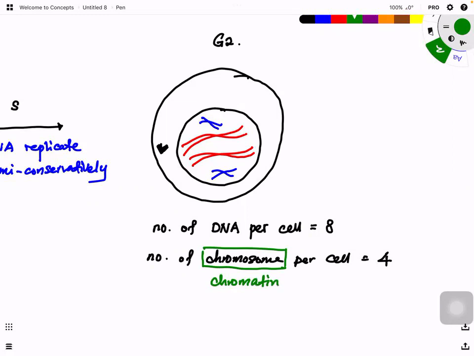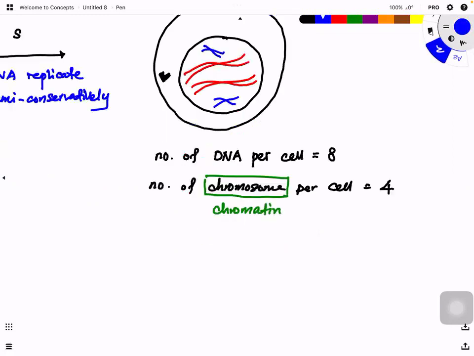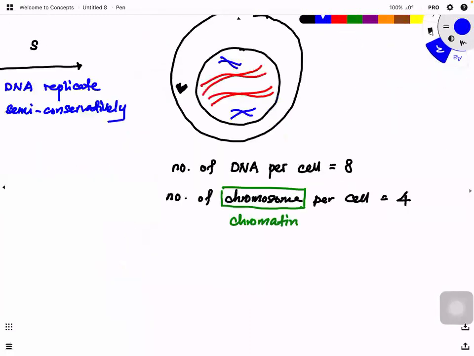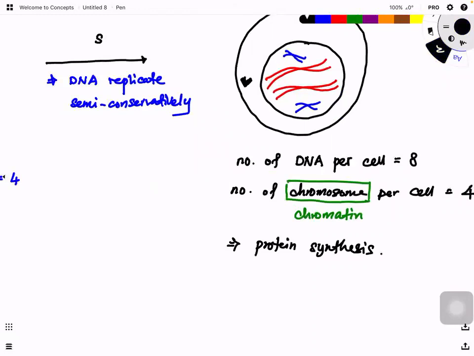So the number of chromatin per cell is still equal to 4. And the signature event that takes place here, I use the black color, is protein synthesis. Clear? Okay.